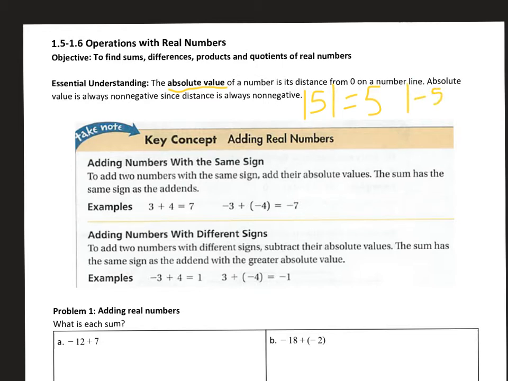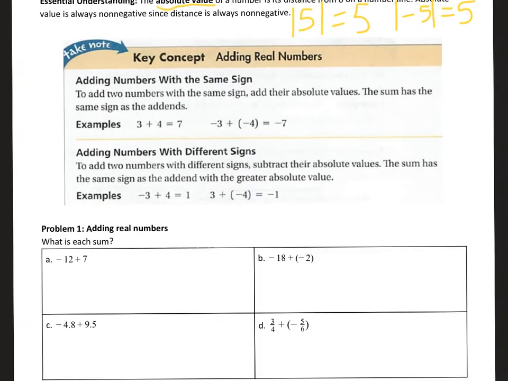The absolute value of negative 5 is 5, because negative 5 is 5 away from 0 on the number line. When you evaluate absolute value, it's always non-negative, but it really means distance from 0 on the number line.